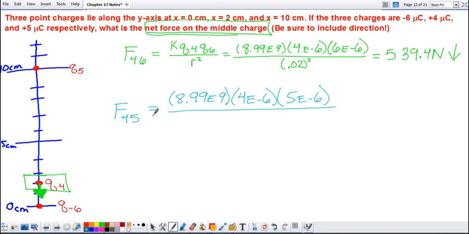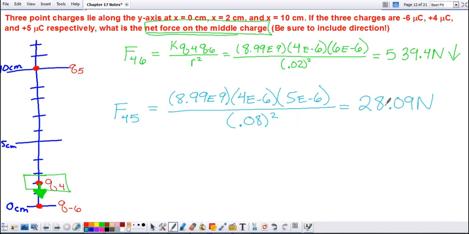And the distance between these two, well, this is at 2, this is at 10, so that is 8 centimeters, so 0.08 squared. And we solve this and we get 28.09 newtons. Significantly smaller. It's because of this distance here. Definitely makes a big impact.